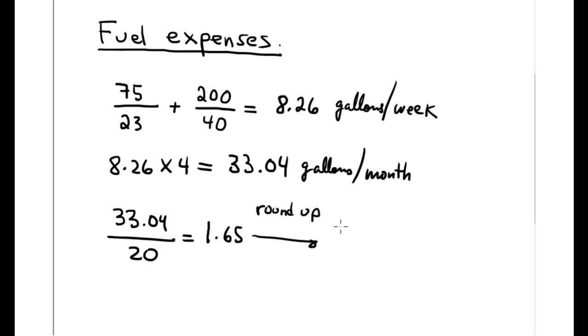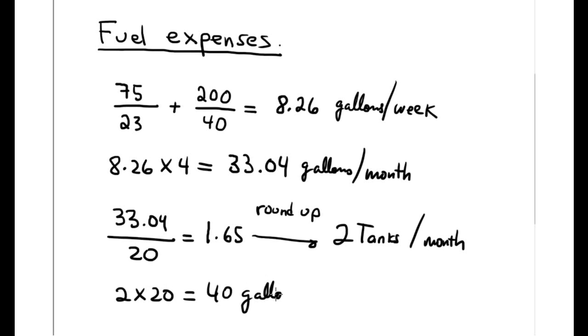So 2 tanks per month. It's equivalent to say 2 times 20, 40 gallons per month, so that we don't work with the decimal, directly 40 gallons.